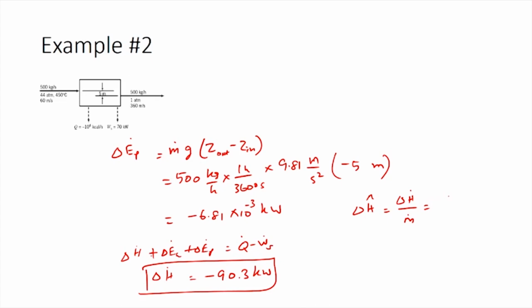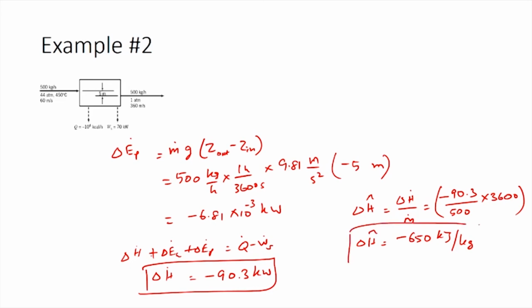So, you would have minus 90.3 divided by 500 over 3600, giving you a numerical value of roughly minus 650 kilojoules per kilogram. So, this is your change in specific enthalpy.